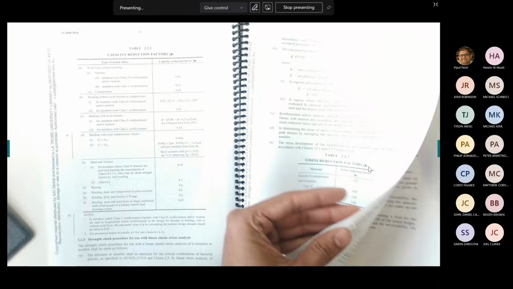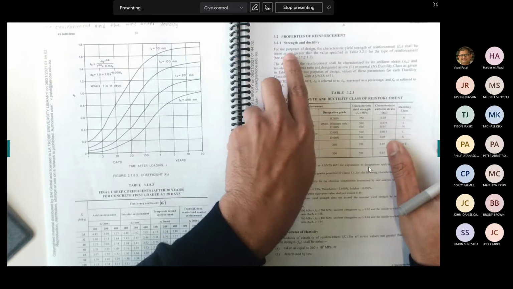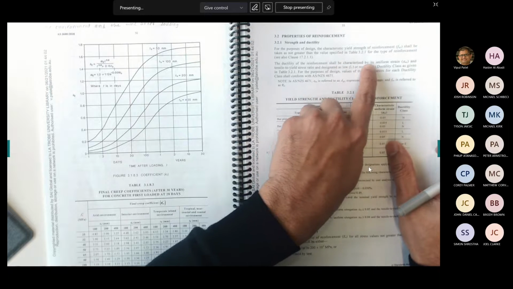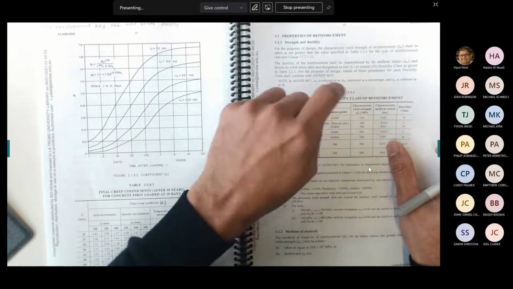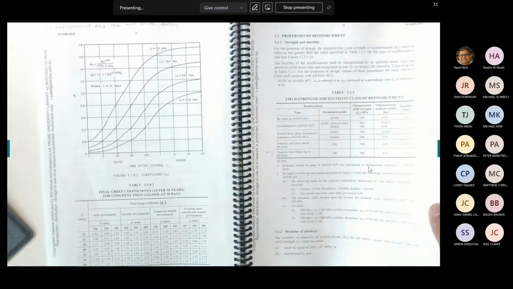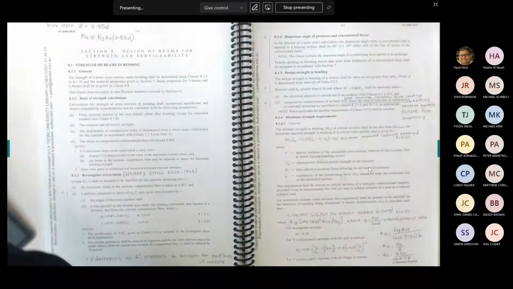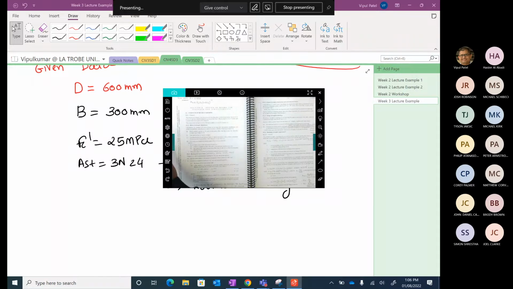I hope you can see. Let me turn off the lamp. Yep, so probably this is better. Here you go. There is clause 3.2.1, ductility of reinforcement, characterized by low ductility class and normal ductility class. So that is just the normal ductility class written over there.